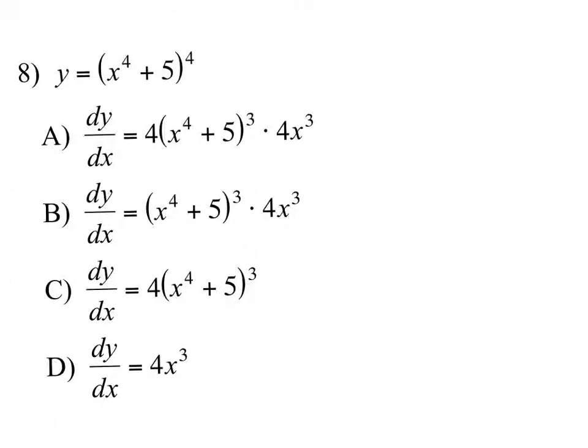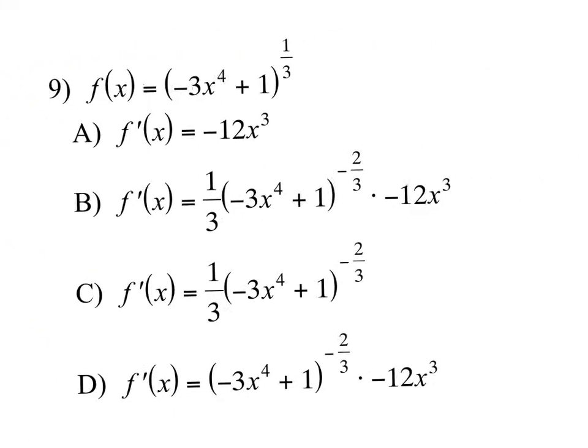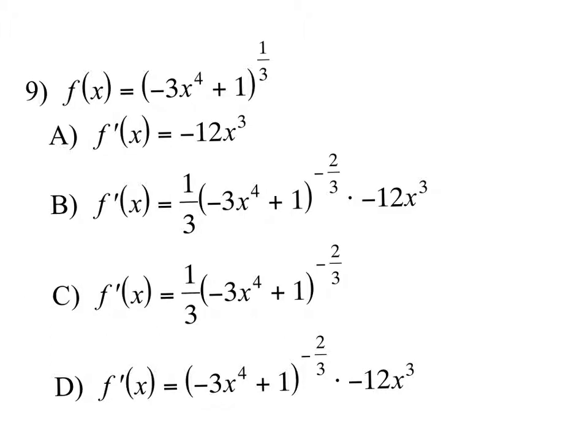Alright, we've got a power rule with stuff on the inside, so that's going to be 4x to the fourth plus 5 to the third times the derivative of the inside, which is 4x to the third. For number 9, we've also got a power rule.